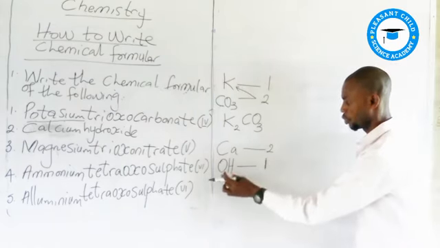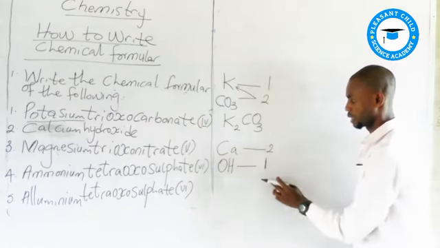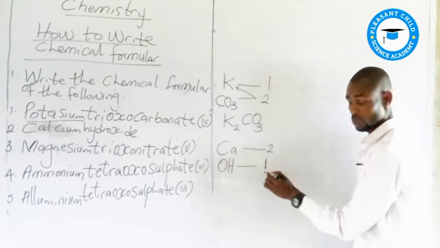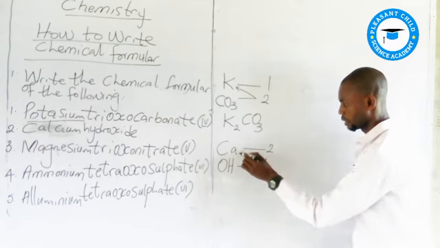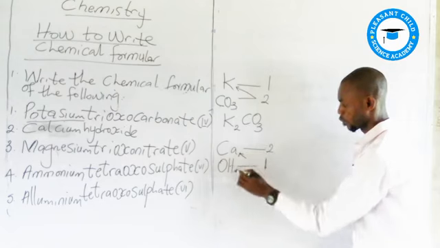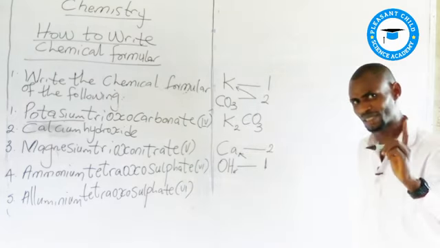So OH here, the valency is 1, which means that the way we have been doing it, 1 will move to this place, and the 2 will come here. But let me say this again.